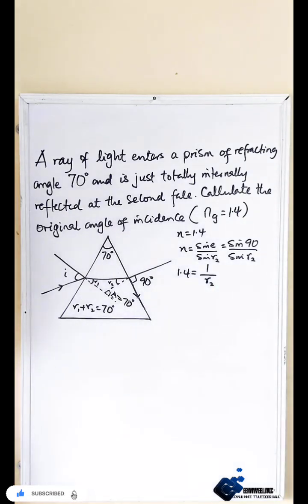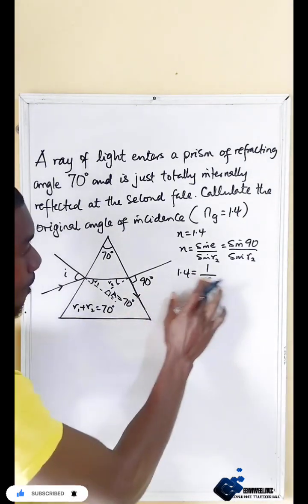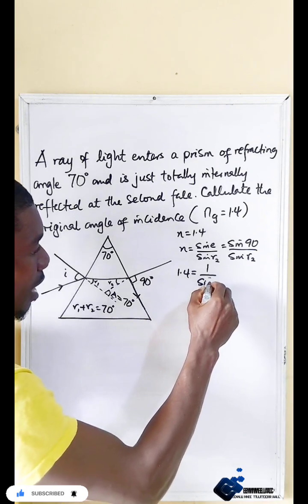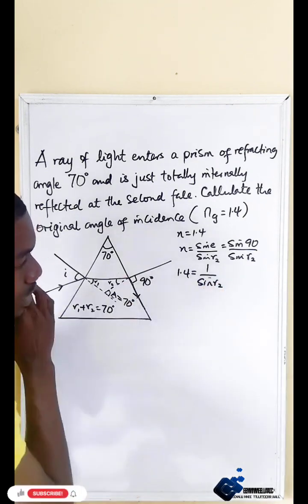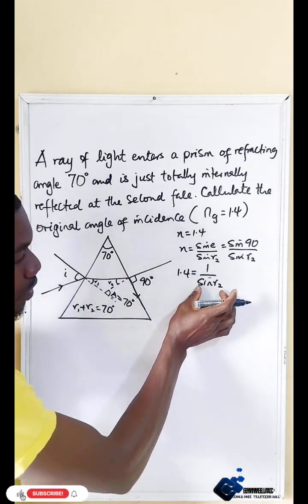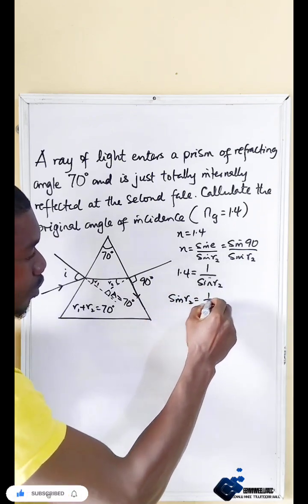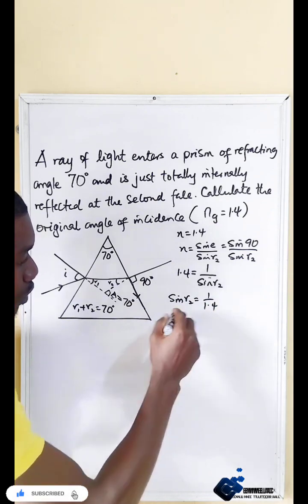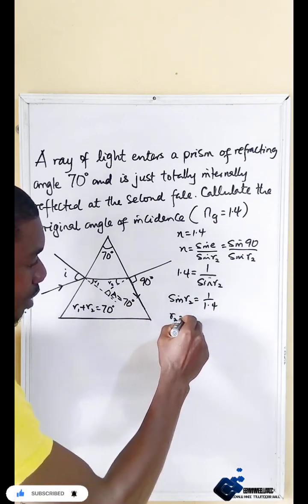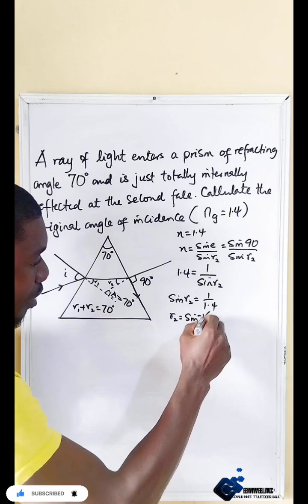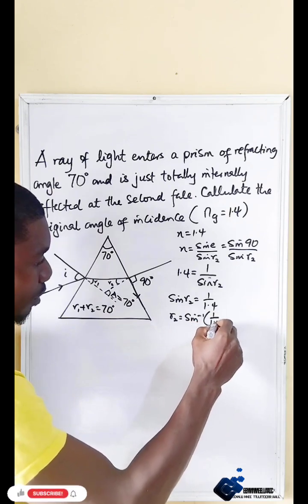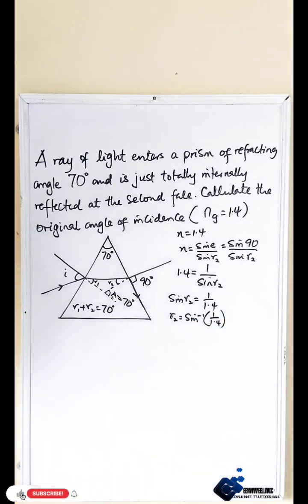So making sine R2 the subject, sine R2 equals 1 all over 1.4. So our R2 will be the inverse sine of 1 all over 1.4.